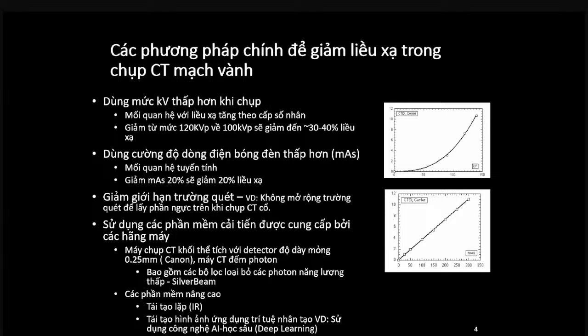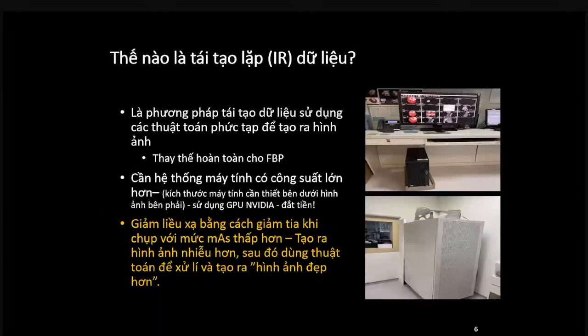Then there are of course software advances. There's iterative reconstruction and artificial intelligence reconstruction using deep learning. So what is iterative reconstruction of data? This is a method of reconstruction of data to create images using complex mathematical algorithms.